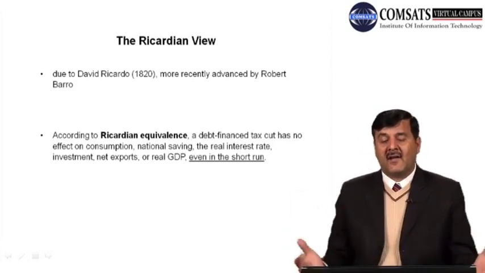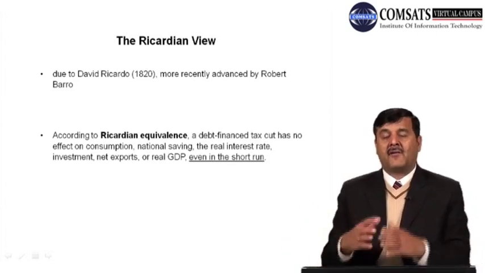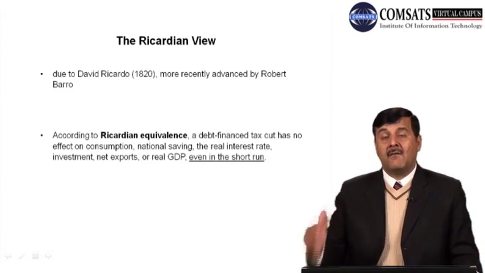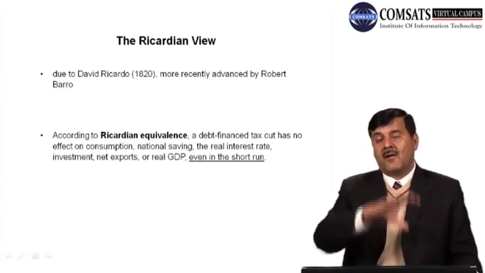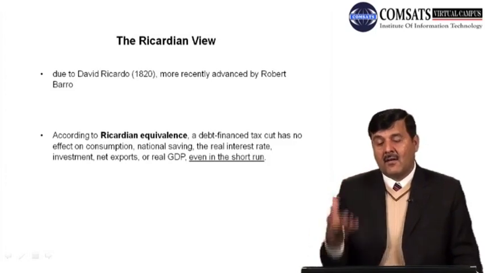And if there is no effect on the real interest rate, there will be no effect on investment, no effect on net exports or real GDP, even in the short run. There we talked about the long run, that there would be an effect, but not even in the short run.